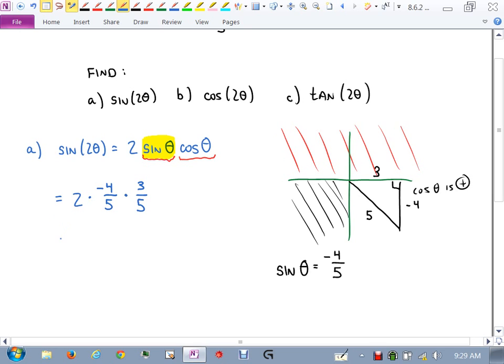And just multiply everything across here. 2 times -4 is -8, times 3 is -24. So -24 over what? 25. That is sine of 2 theta, -24/25.